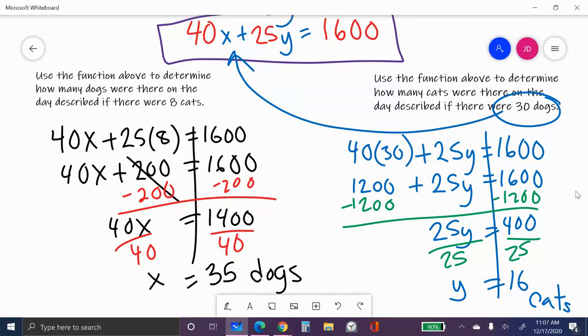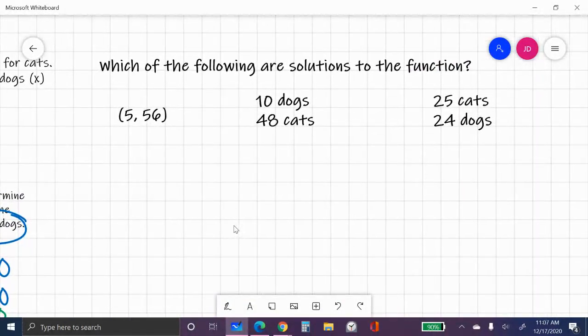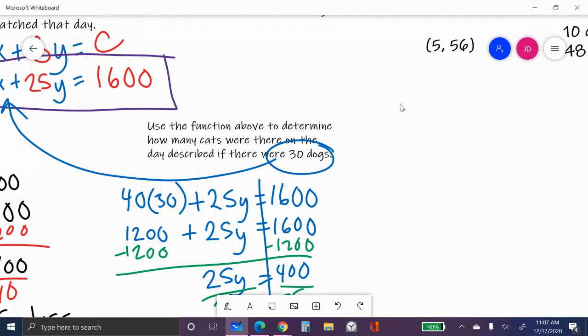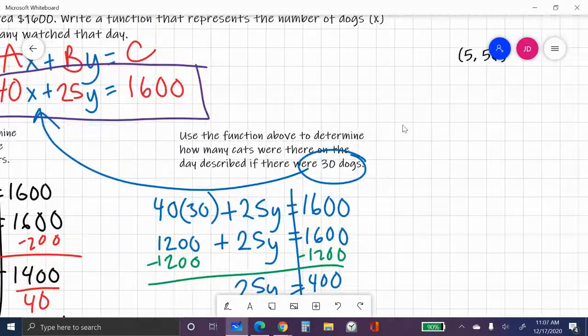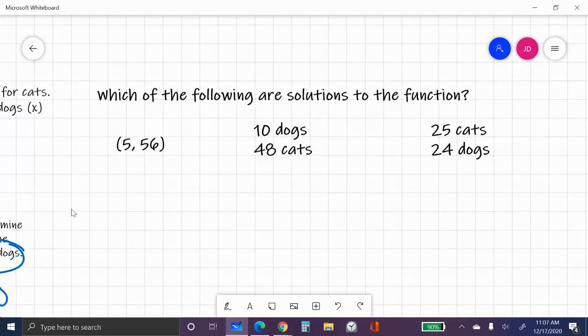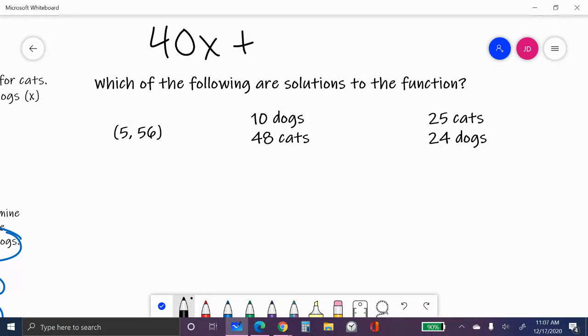Now, let's take a look at another type of question you might see. It says, which of the following are solutions to the function? Okay, so I'm just going to write this up here. 40x plus 25y equals 1,600. So we know in coordinates, the first one is my x, and the second one is my y.